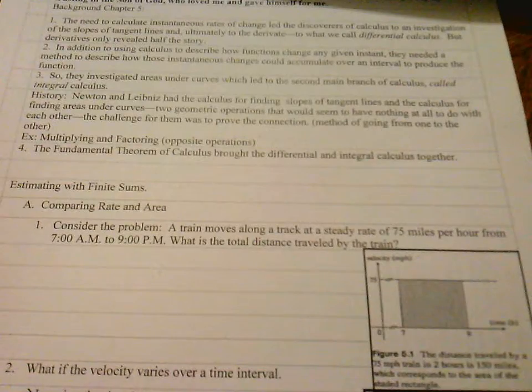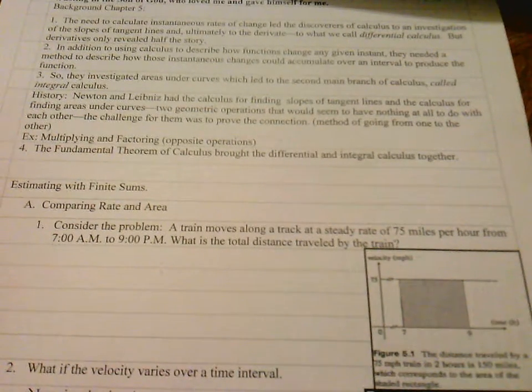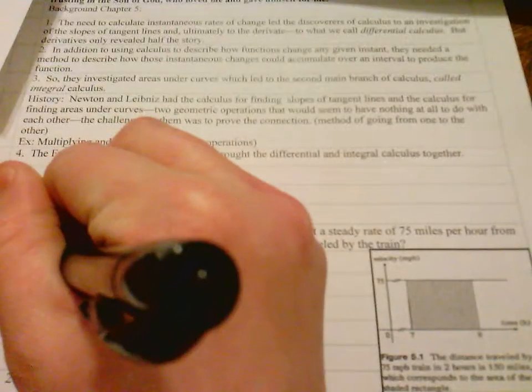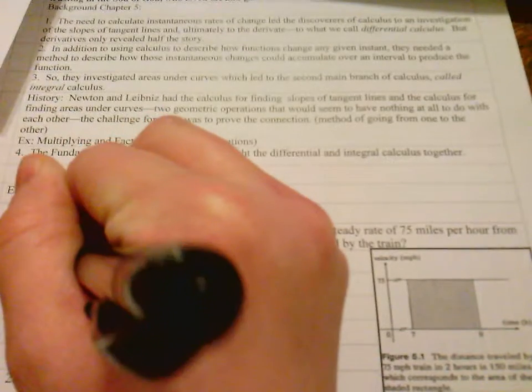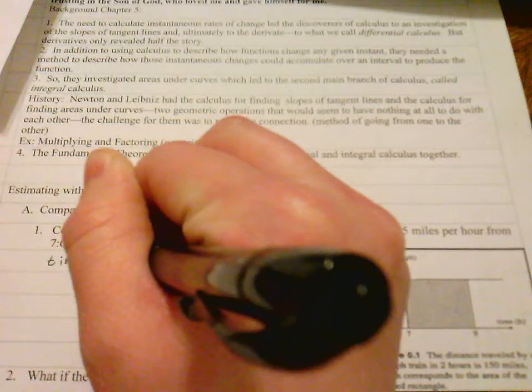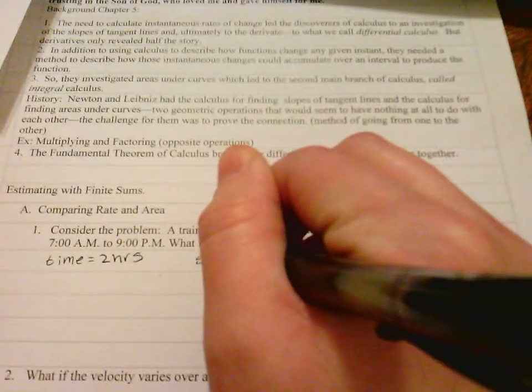Consider this problem. A train moves along a track at a steady rate of 75 miles per hour from 7 to 9. What is the total distance traveled by the train? Well, the time is 2 hours. The speed is 75 miles per hour.